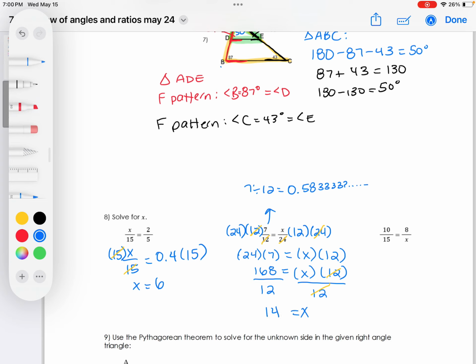Okay, so even though when I first tried my strategy of 7 divided by 12, I did not get a nice number, eventually the x value did turn out to be a nice number. So using that answer button and not clearing your work out, but continuing with it, pushing equals, and then using that as the number you divide or multiply by is not a bad strategy either.